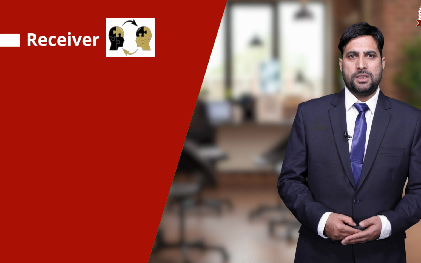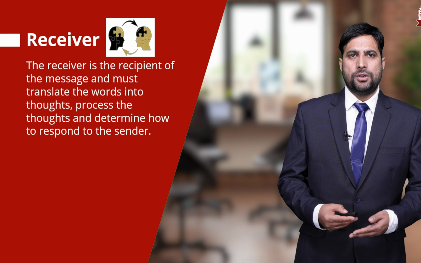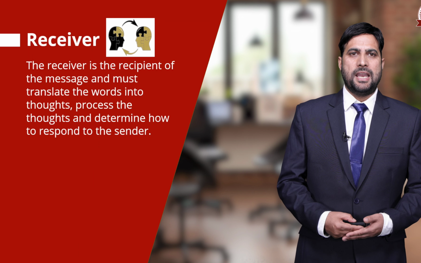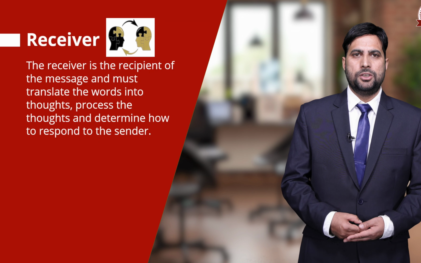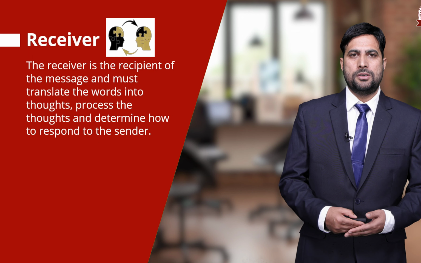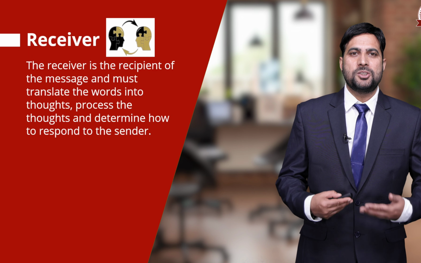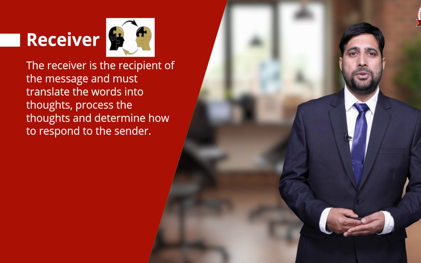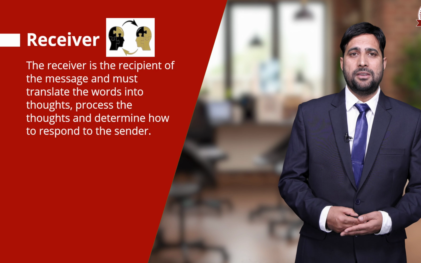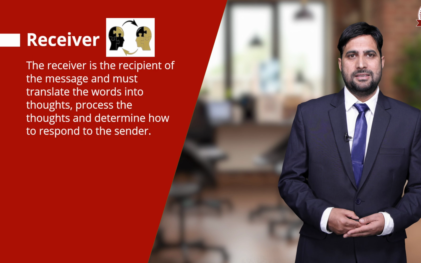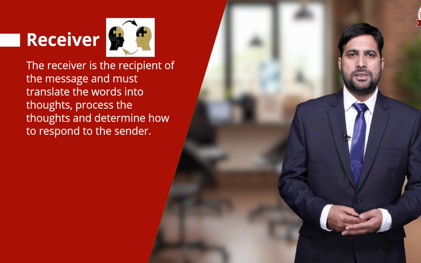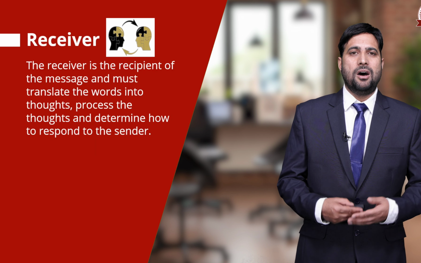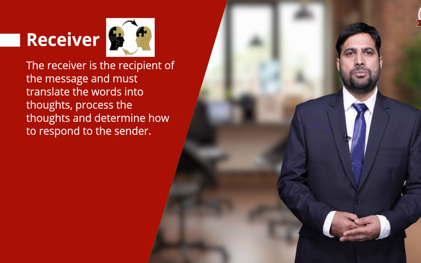Now the receiver is on the other side. The receiver is the person, the recipient of the message, and must translate the words into thoughts, process the thoughts, and determine how to respond to the sender. So the receiver should also be able to understand the language which the sender has sent. If the receiver doesn't understand the sounds or the symbols or the signals, then the message is of no use.